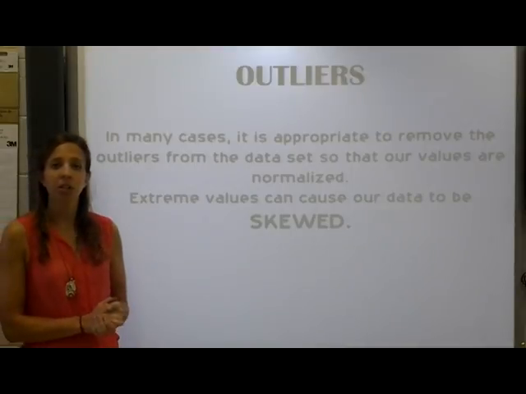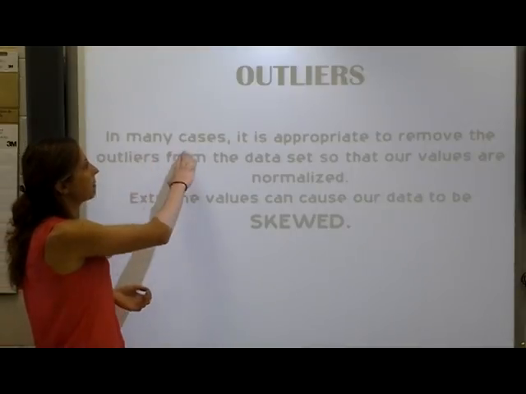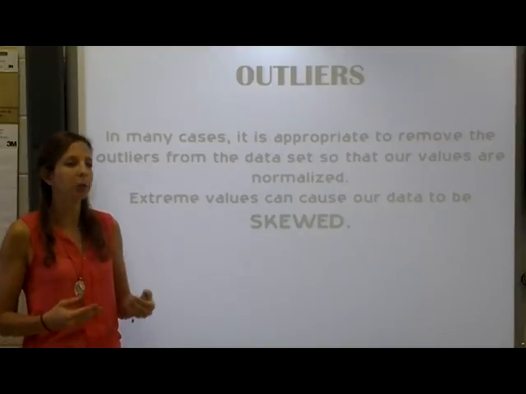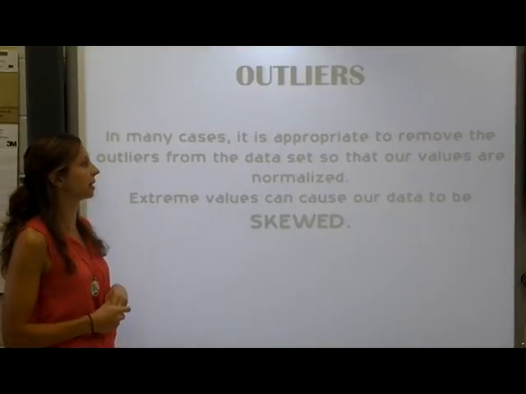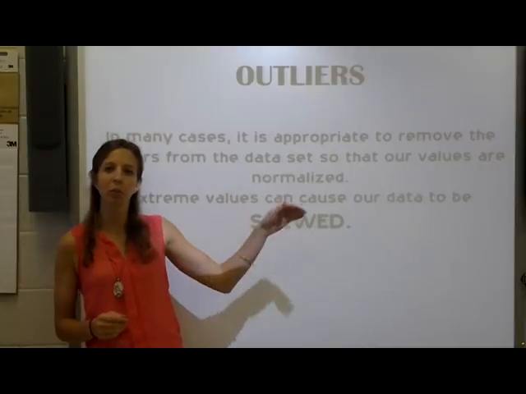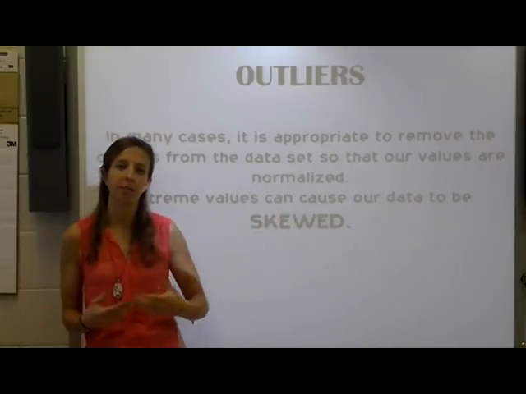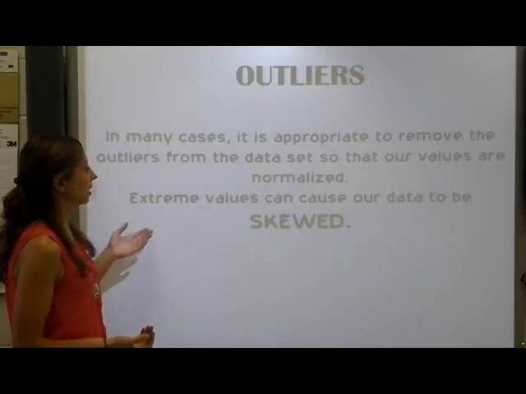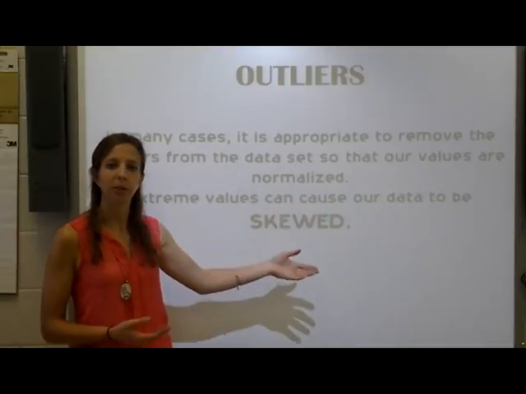So as I mentioned a minute ago, in many cases it's appropriate to remove the outliers from the data set. This gives us a more normalized value of data. Extreme values cause our data to be skewed.